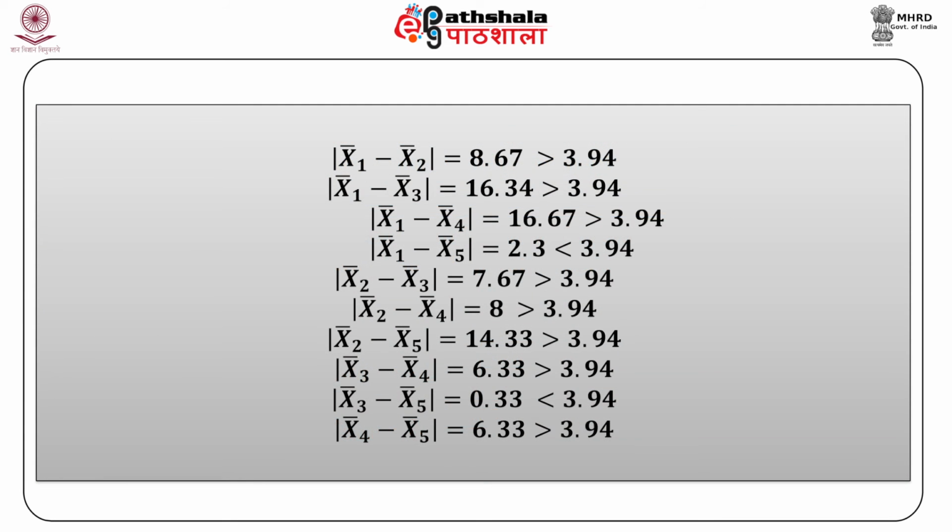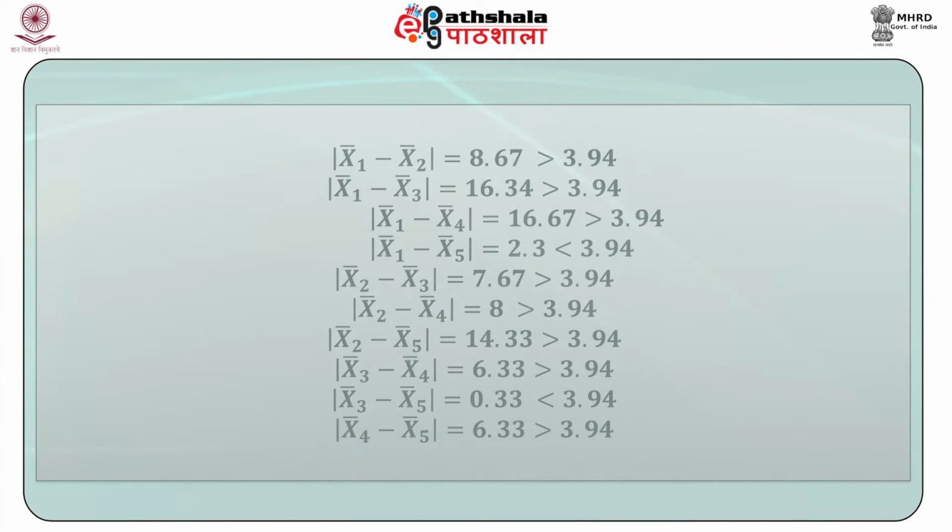If you now find out the difference of x1 bar and x2 bar, it is 8.67, which is greater than 3.94. Similarly, the modulus difference of x1 bar minus x3 bar is also greater than 3.94. So you can keep on finding out all these pairwise differences, and see which is greater and which is smaller than 3.94.